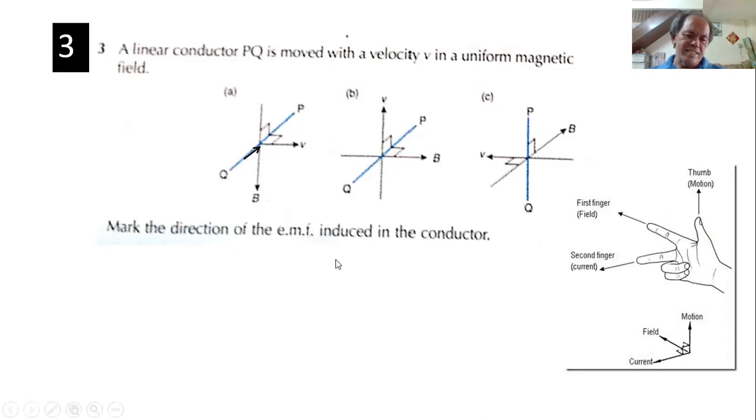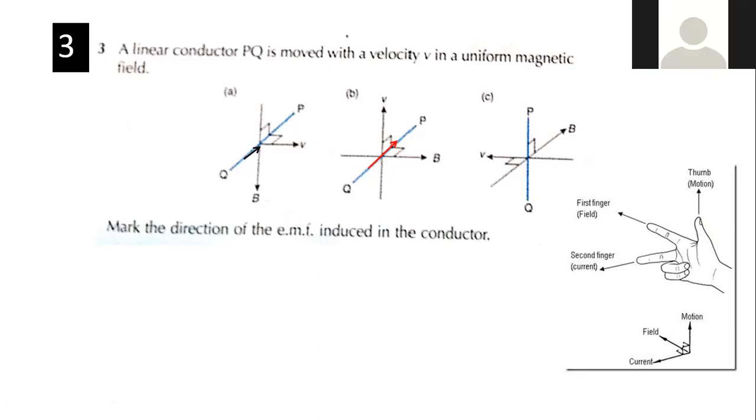So what is the answer? P to Q or Q to P? B is Q to P. Okay, the same direction, Q to P. Good. How about number C?